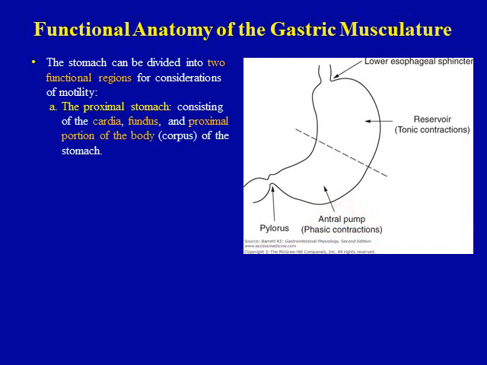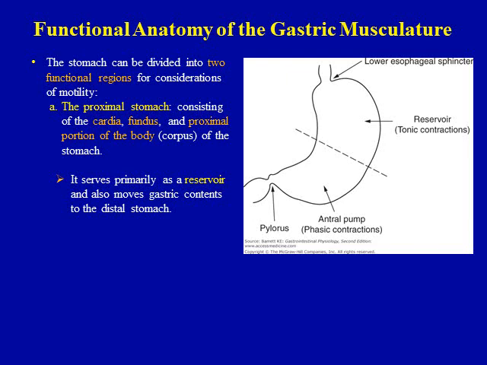So the proximal stomach consists of the cardia, fundus, and proximal portion of the body of the stomach. It serves primarily as a reservoir and also moves gastric contents to the distal stomach. Tonic contractions of this part are important in gastric emptying.